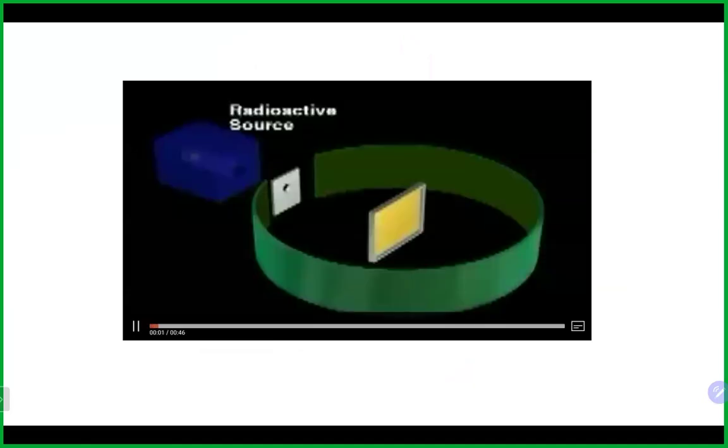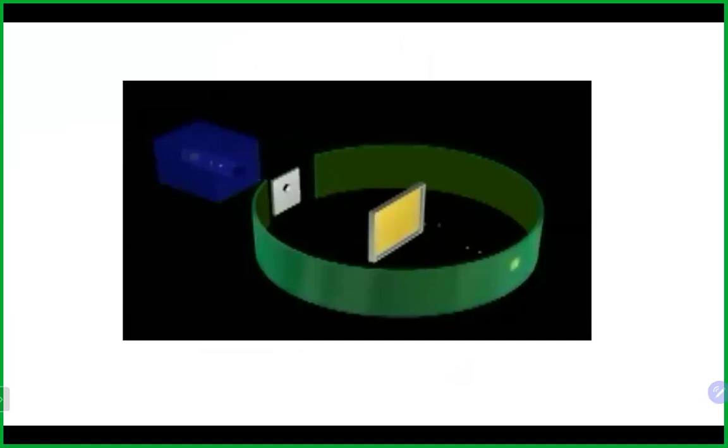There it is. In 1910, Rutherford and his co-workers were studying the angles at which alpha particles were scattered as they passed through a thin gold foil. Most of the alpha particles passed through undeflected. However, a few were found to be scattered at large angles, some even back in the direction from which they had come.